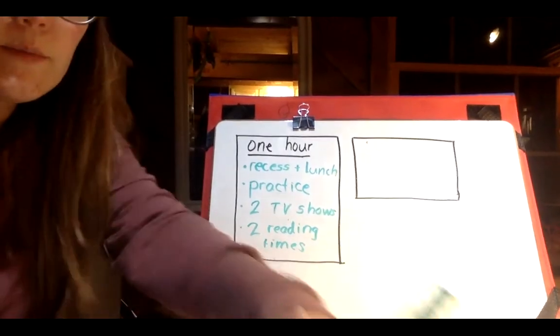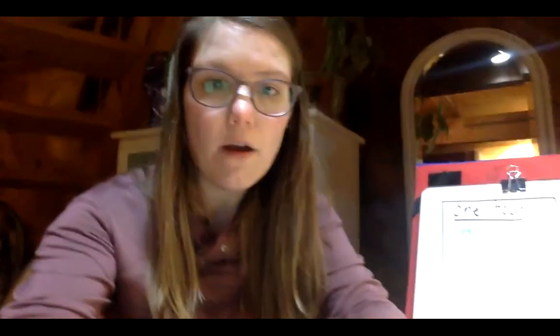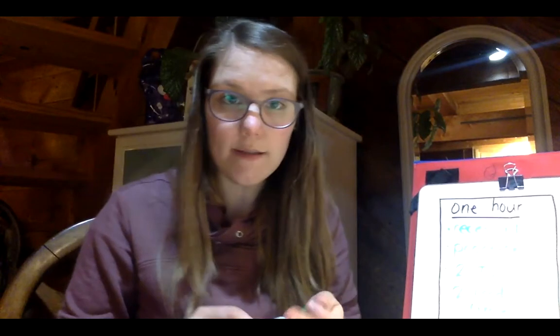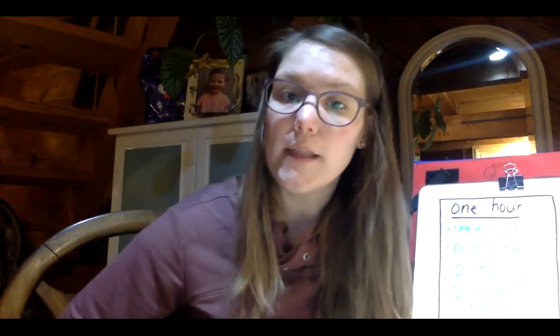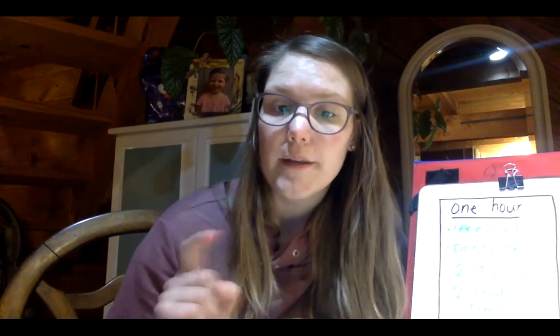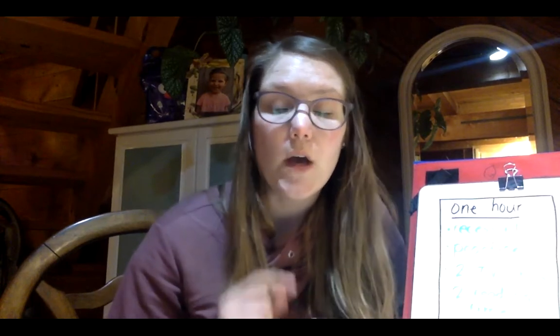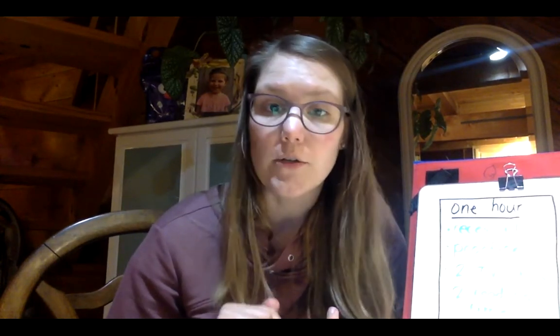Now let's talk a little bit more about clocks. There are 2 kinds of clocks that you see. Most of the clocks that you see today are digital clocks. So that would be the clocks that you see in your car, the clocks that you see on your stove, on your computer, on your tablet.